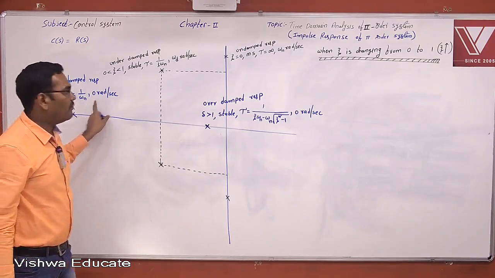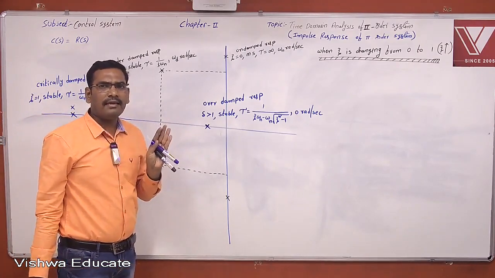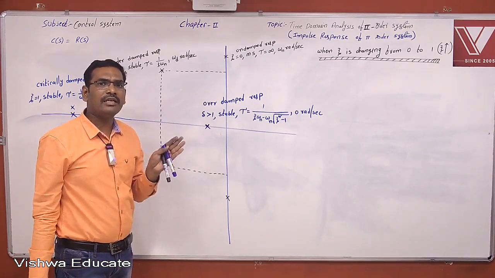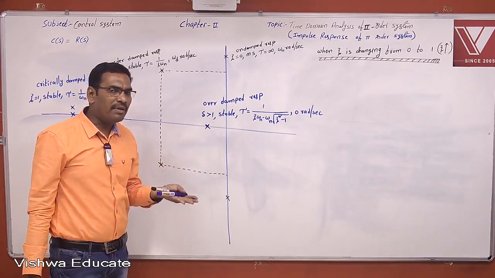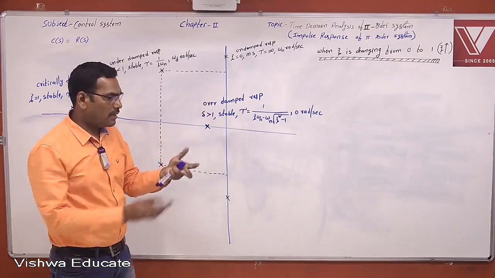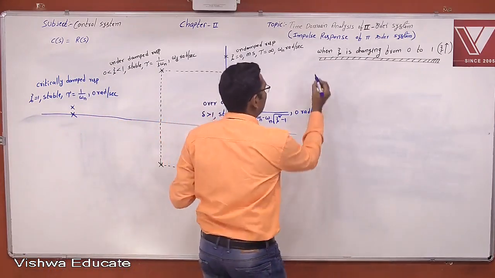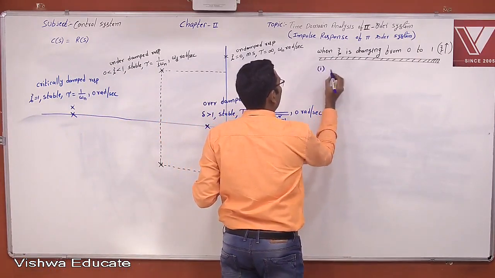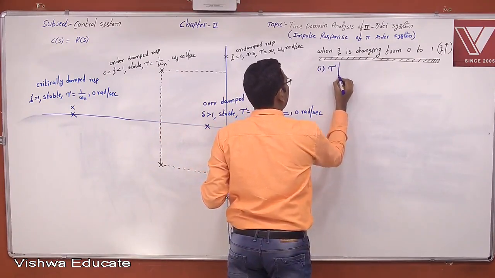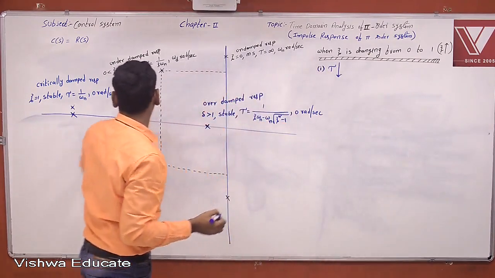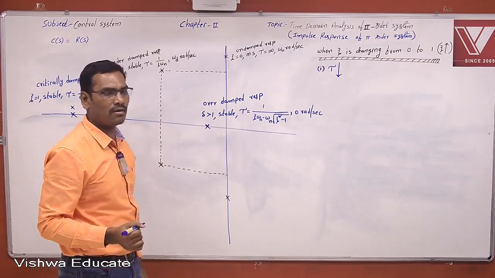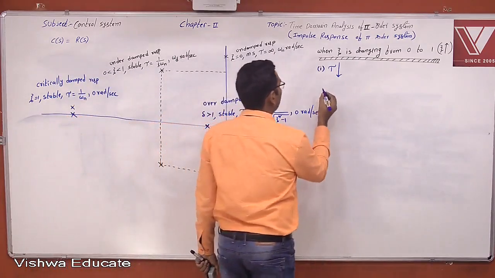Finite. Which means that when damping factor zeta increases from 0 to 1, the first point you have to observe is that the system time constant decreases, because here it is infinity and here it is finite. Yes, the system time constant decreases.